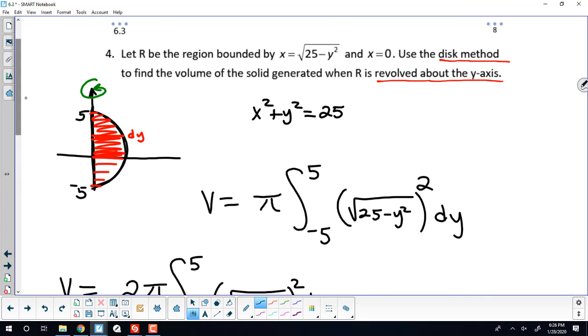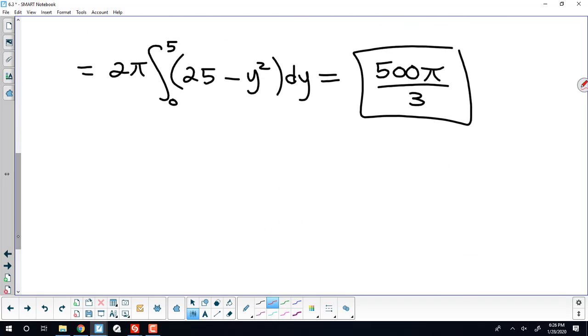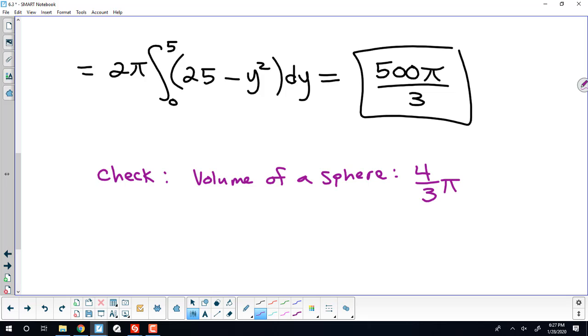If we take this region here and revolve it around the y-axis, it's going to generate a sphere of radius 5. So we can just check it that way if we need to. You see that it will be the same thing, 500 pi over 3. Any questions?